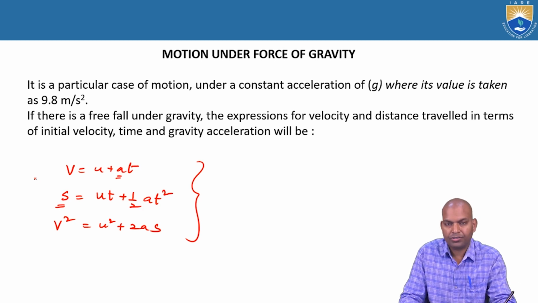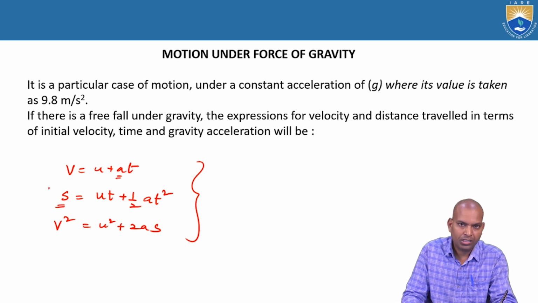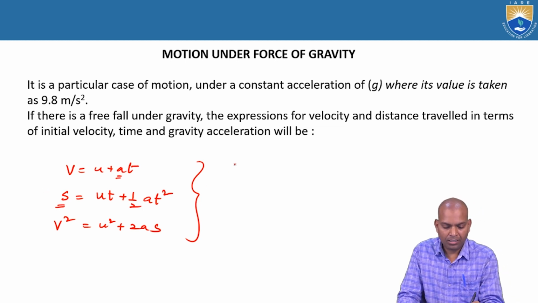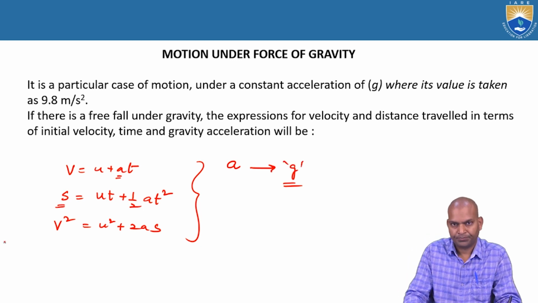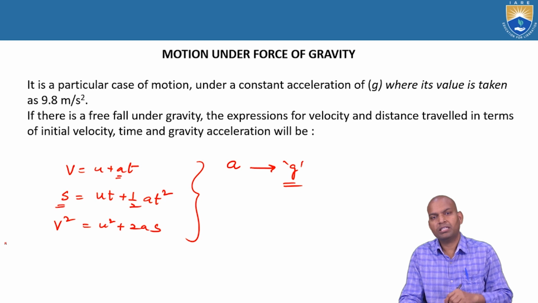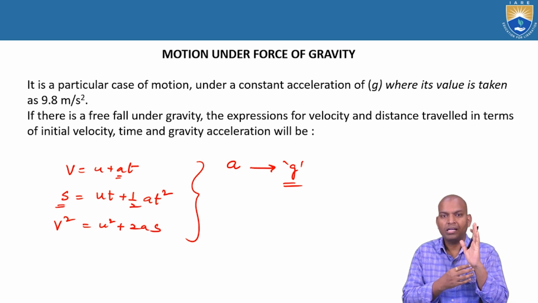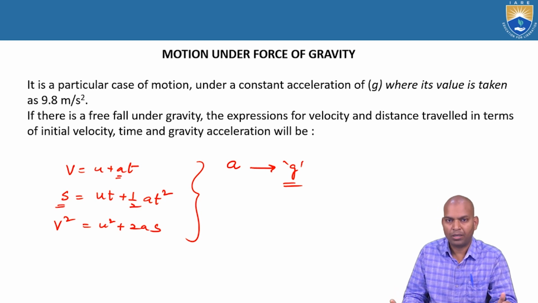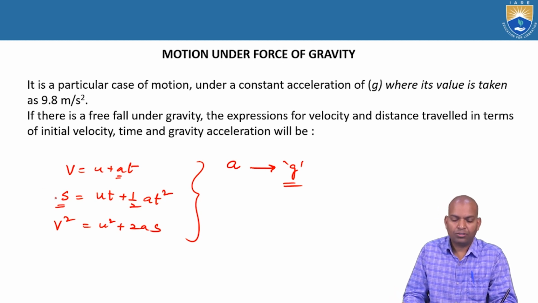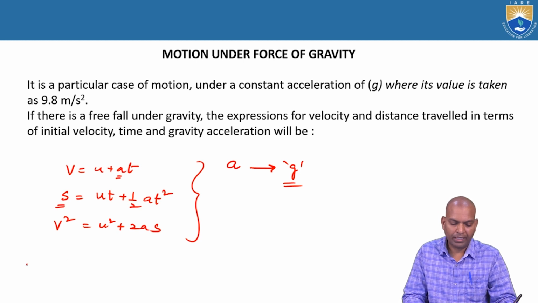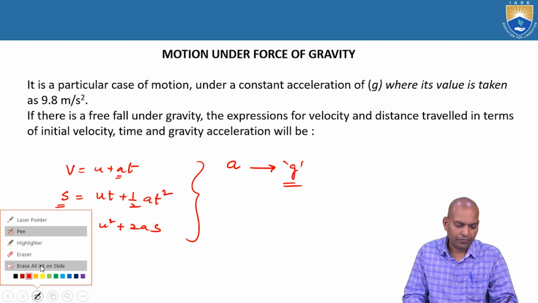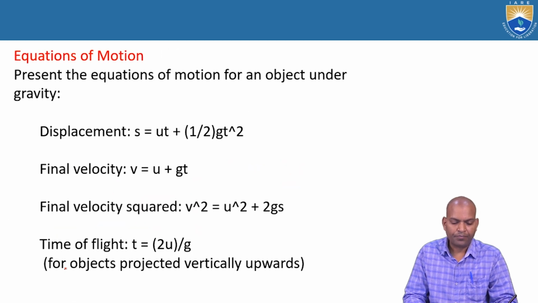If the body is moving vertically upwards or vertically downwards, in the place of acceleration a, g is to be considered, because when the body is moving upwards, it is against the earth, and then the gravitational force comes into the picture.